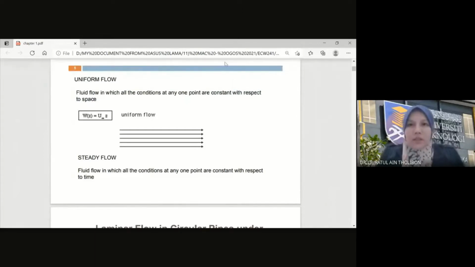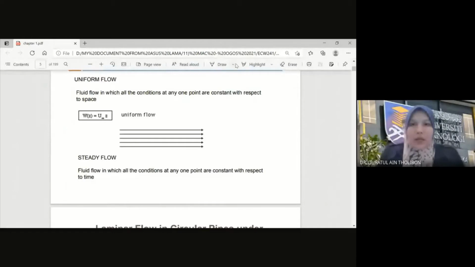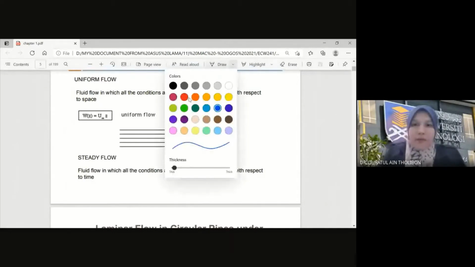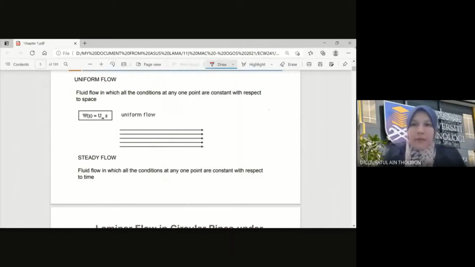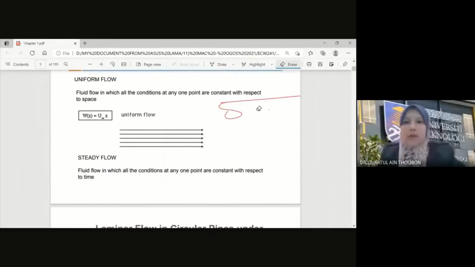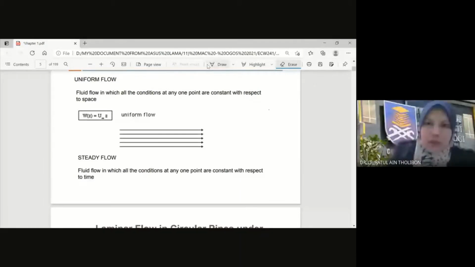It shows that, for example, when we have the pipe, this is the pipe, and there is flow in, Q in, and then Q out.